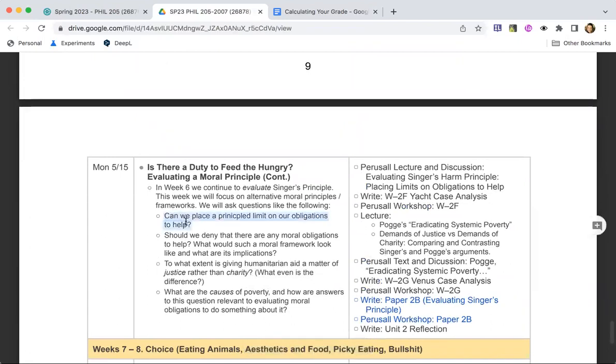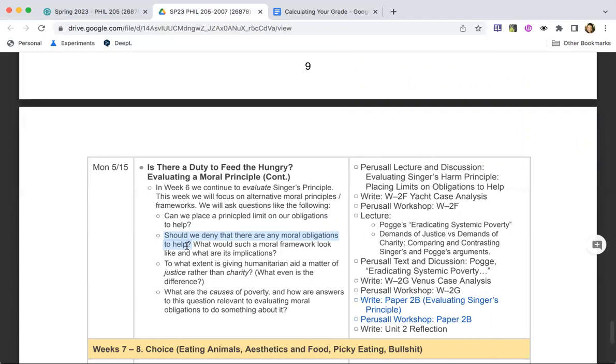We'll look at an alternative that tries to place some kind of principled limit on our obligations. We'll look at a framework that says we actually don't have any obligations to help. None. We have obligations to not harm or interfere with other people. But beyond that, there's no obligation to actively help people. Like, unless you've harmed someone, well, then maybe you have to compensate a harm done, but not independent of anything like that.